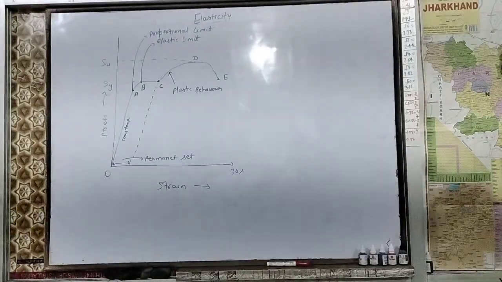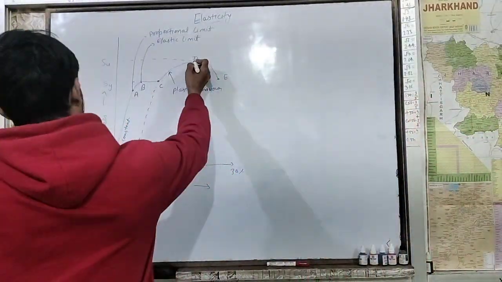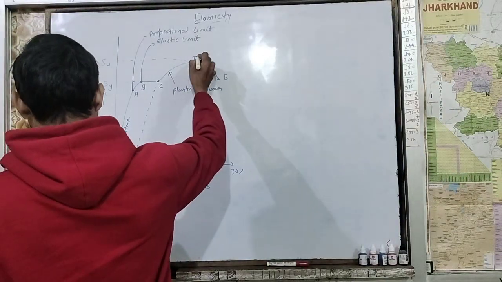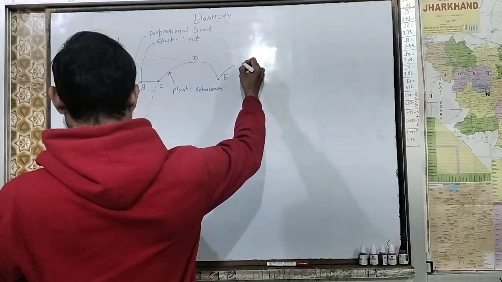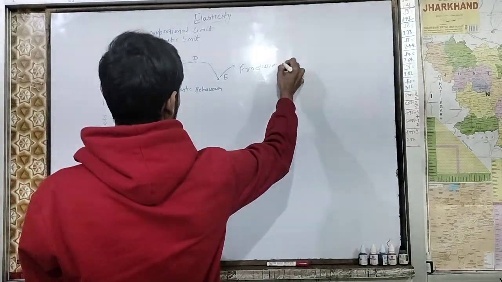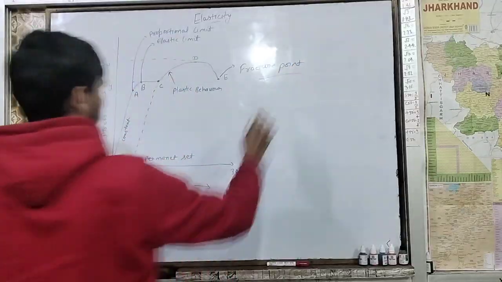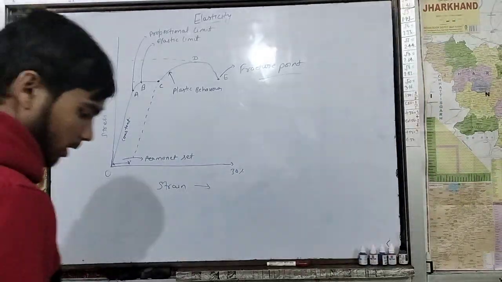Okay, next. Ignore D right now. This E is our fracture point, where the body will break itself.